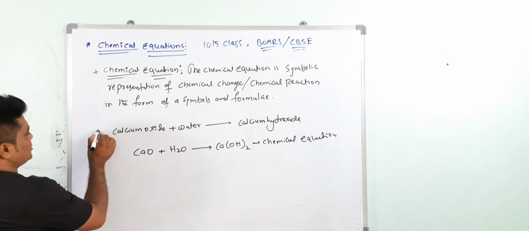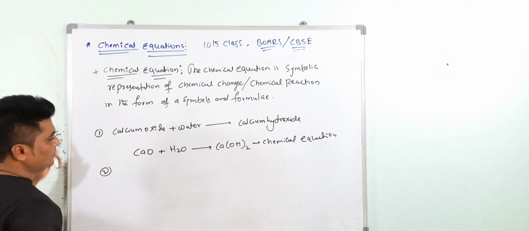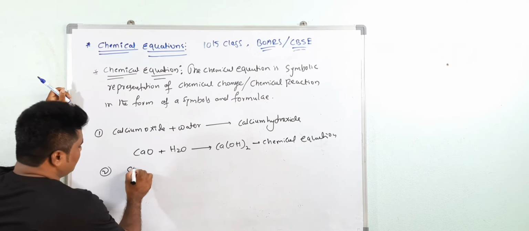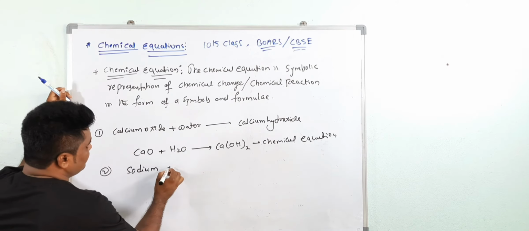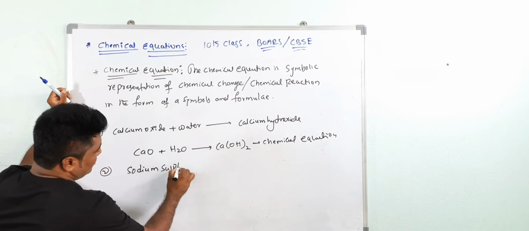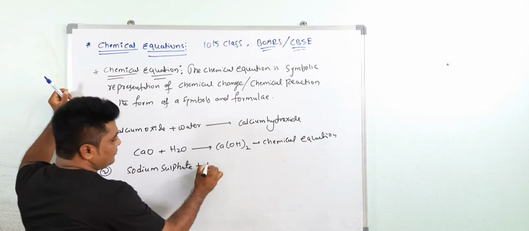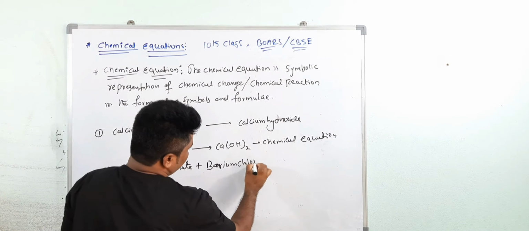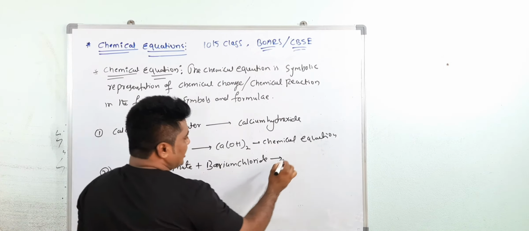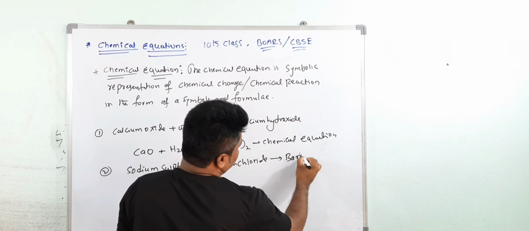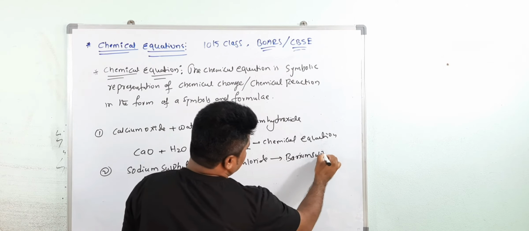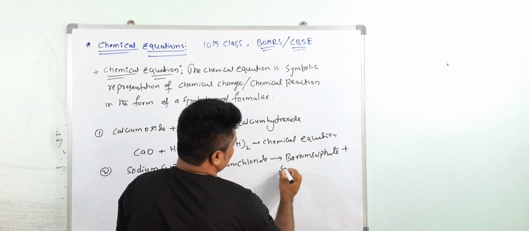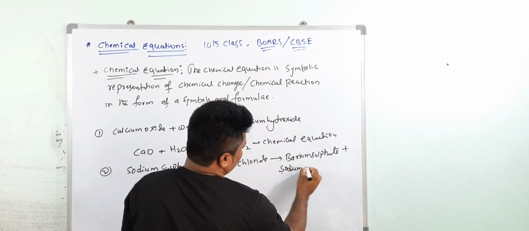So for example, this is the first one. In the second activity, what have we done? It is very simple. In the second activity, sodium sulfate when reacted with barium chloride gives barium sulfate plus sodium chloride.